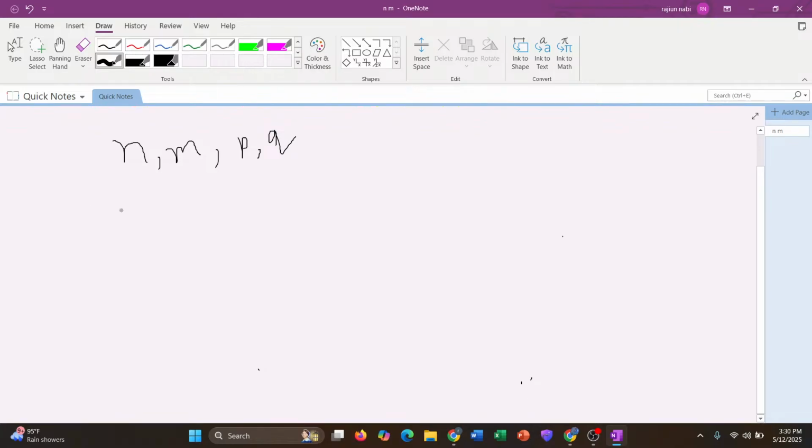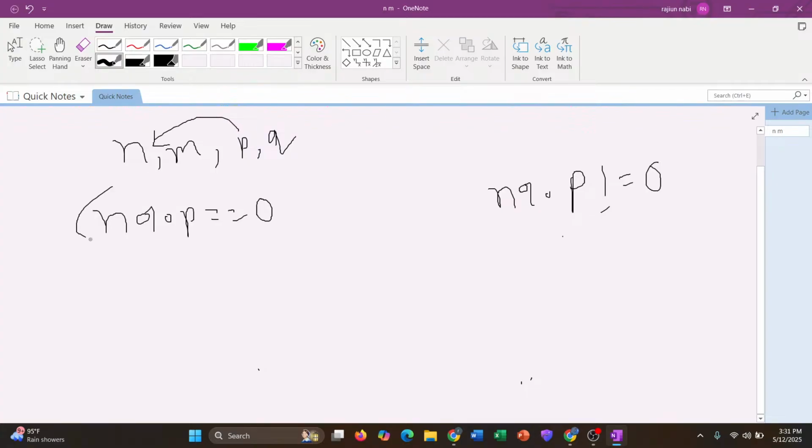The first case is when n mod p is equal to 0, that means n is divisible by p. And the second case is n mod p is not equal to 0, that means n is not divisible by p.